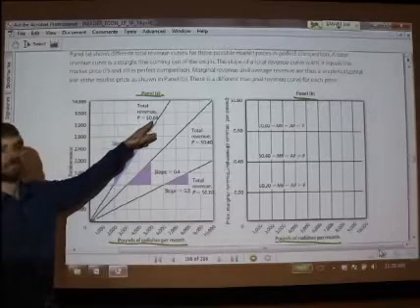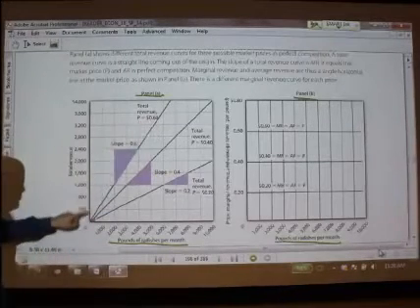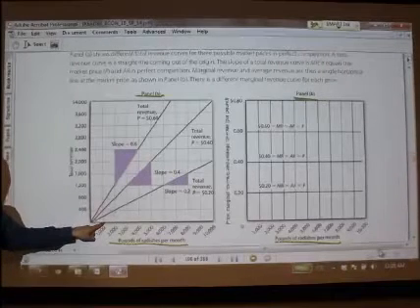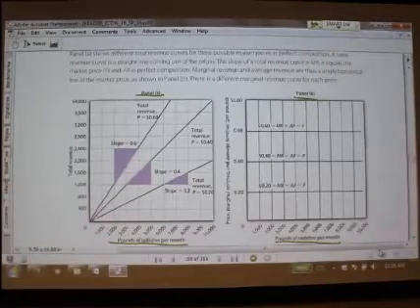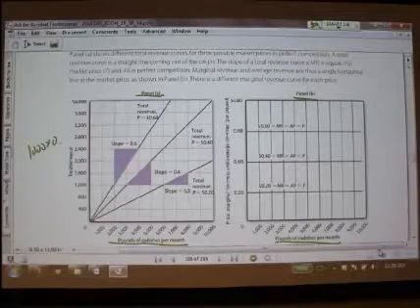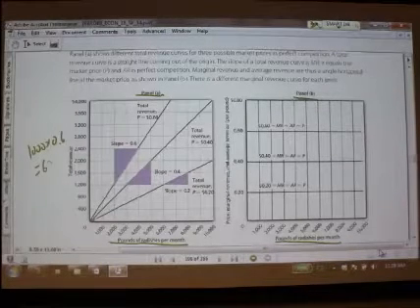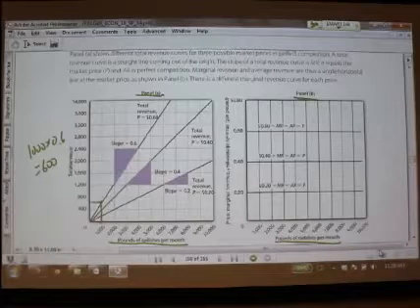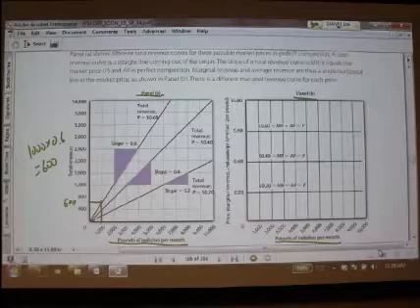Let's say the price is 60 cents. If you produce 1,000 units, what will your total revenue be? Well, it will be 1,000 times 0.6 equals 600. So at 1,000, we're producing 600. And so on.